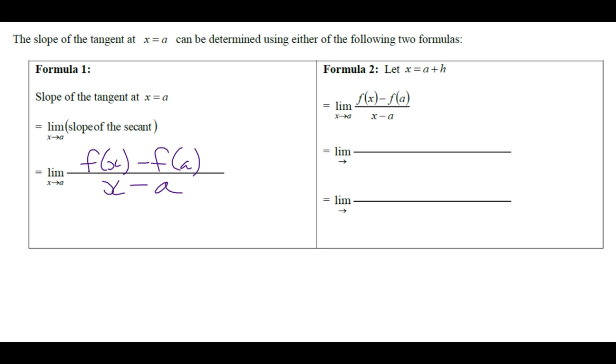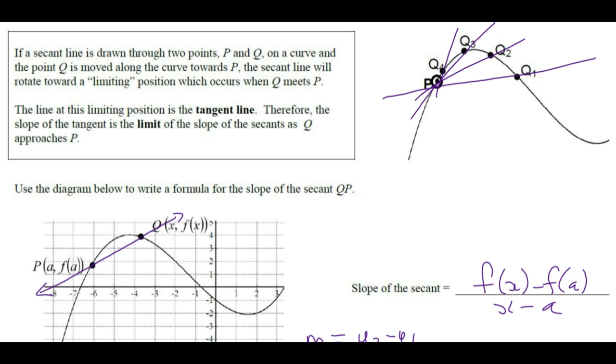Then there's formula 2, also a type of car racing, where we let x equal a plus h. So instead this will be a plus h, and then this will be f of a plus h. Right? So now we're saying there's some difference h between these guys. I'm going to add on h to a.